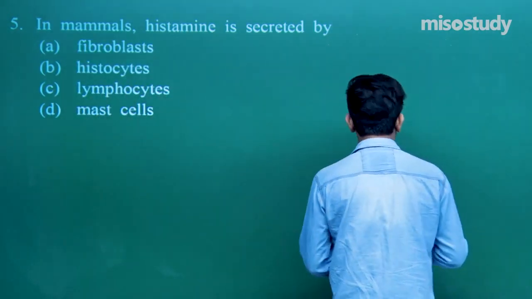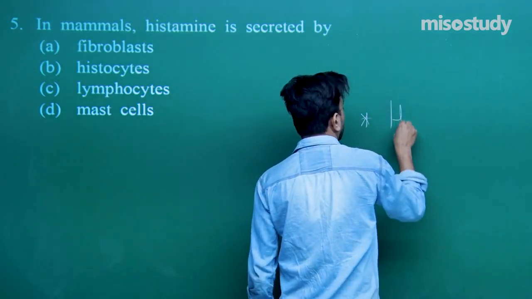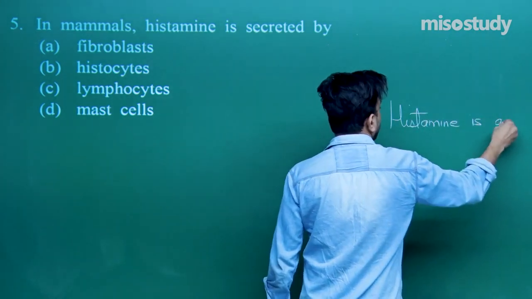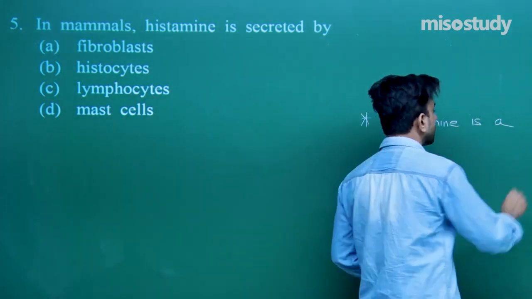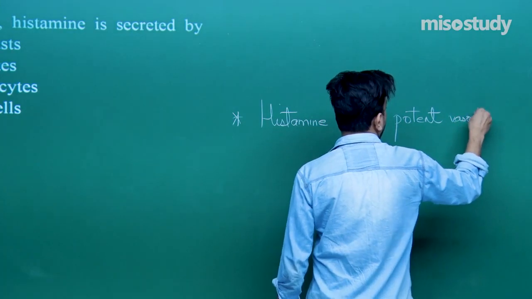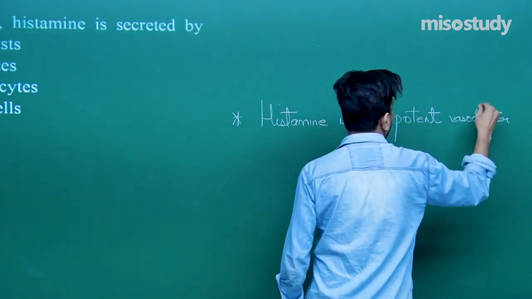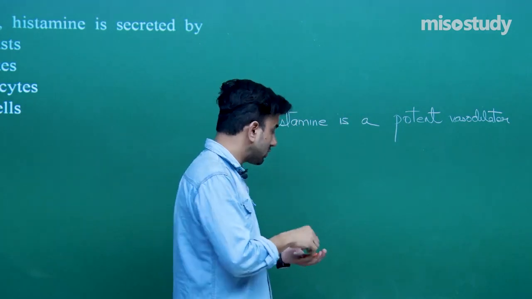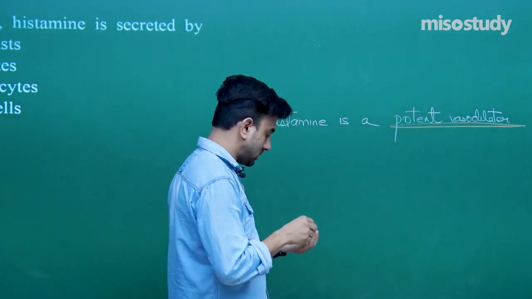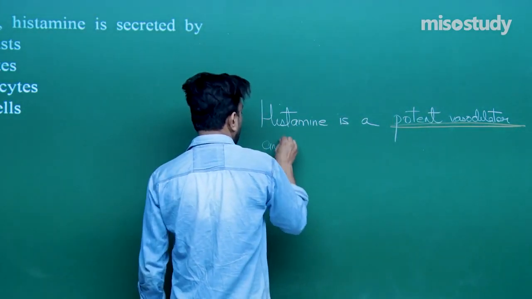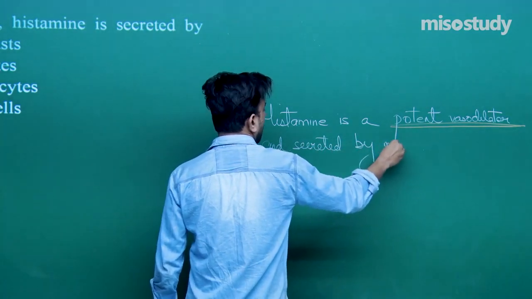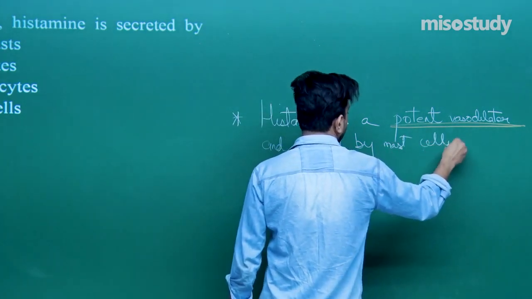So histamine is a potent vasodilator, and secreted by mast cells.